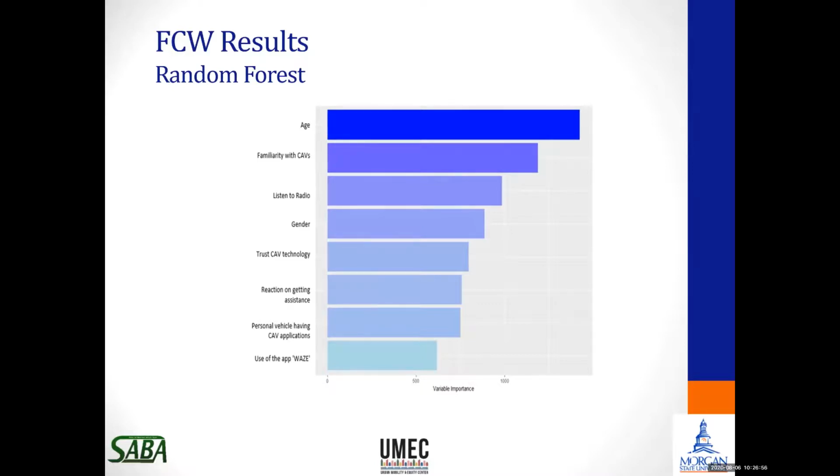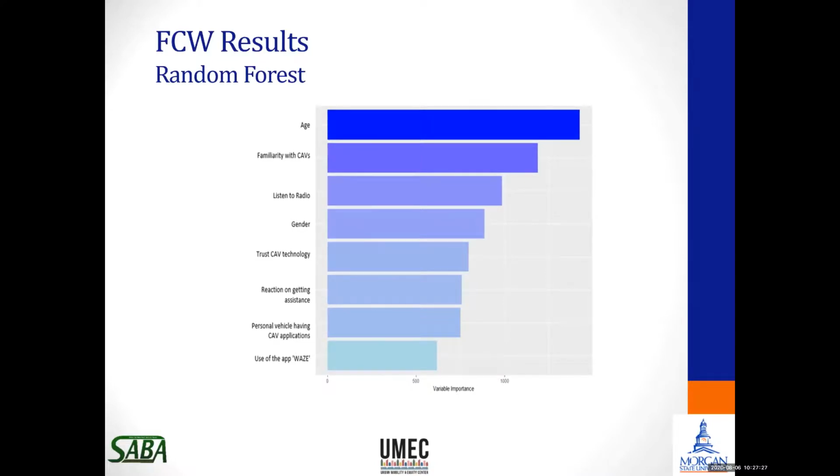So we are concluding that these two variables affect the forward collision results. And the predictive power of the model greatly reduces if we remove these two variables. So these two variables are very effective.